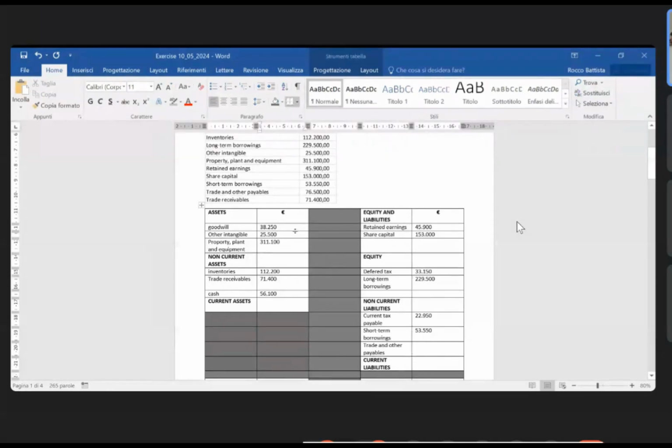Can someone sum the 3 items, please? If not, I open Excel or the calculator. Okay, I use the Excel.